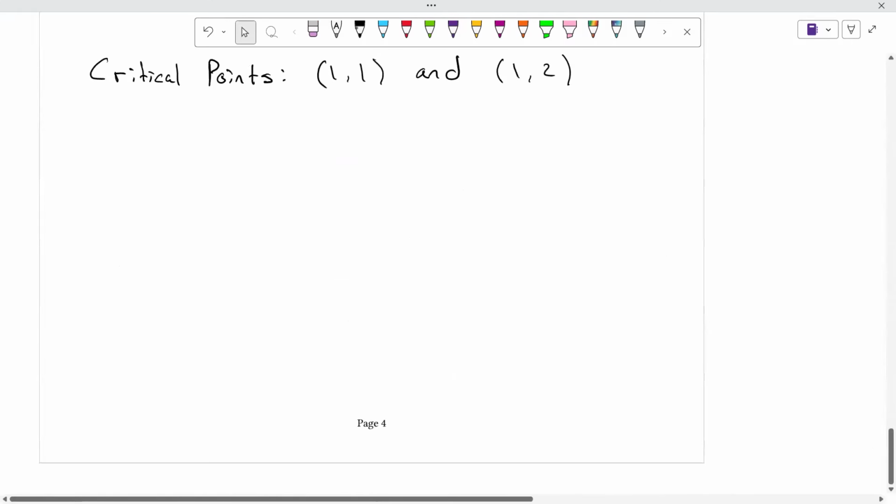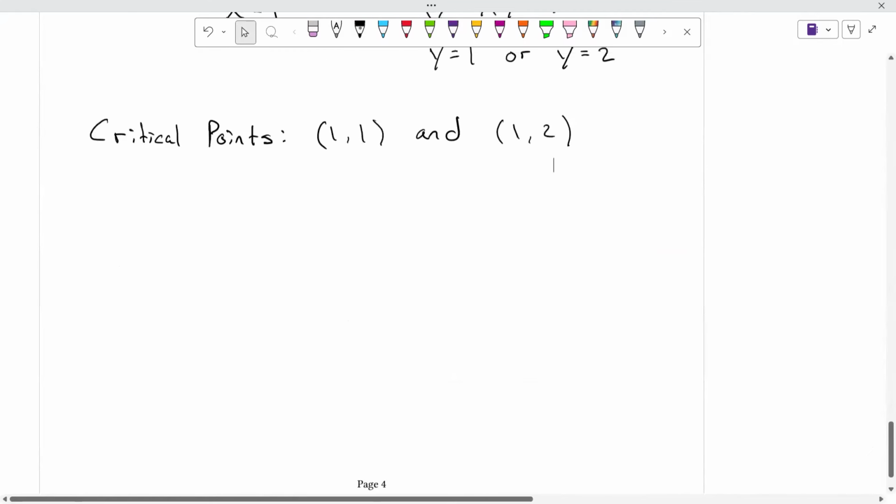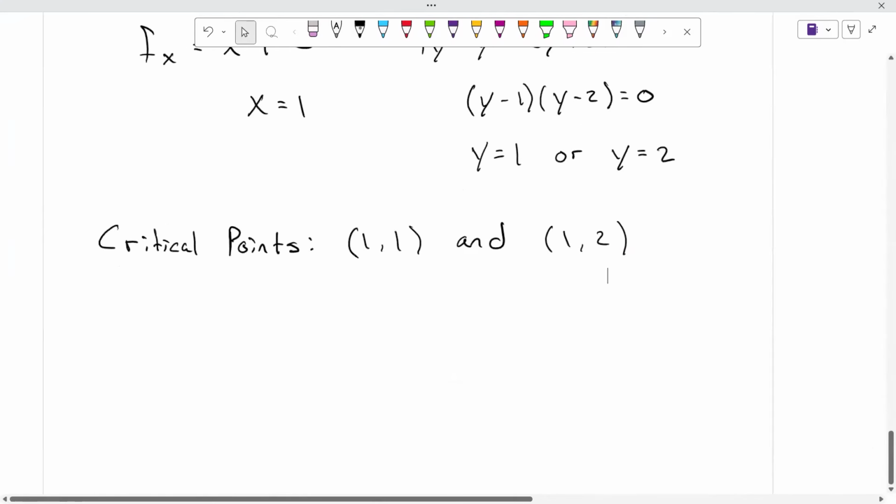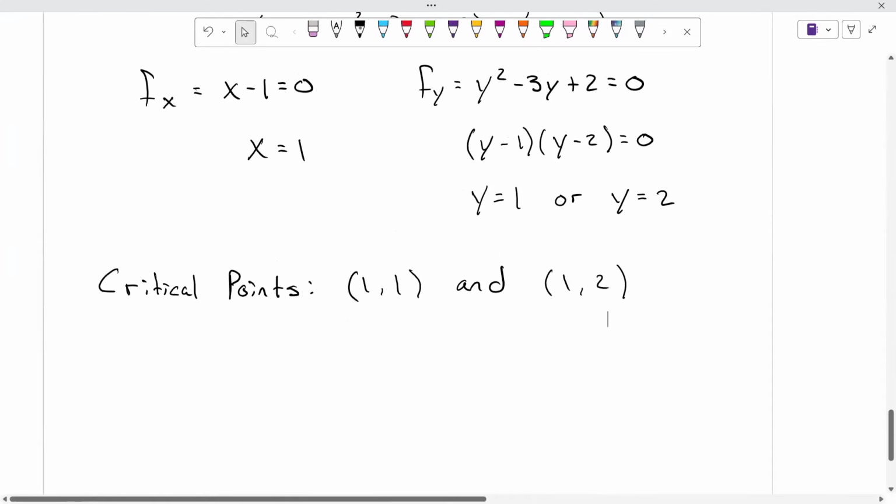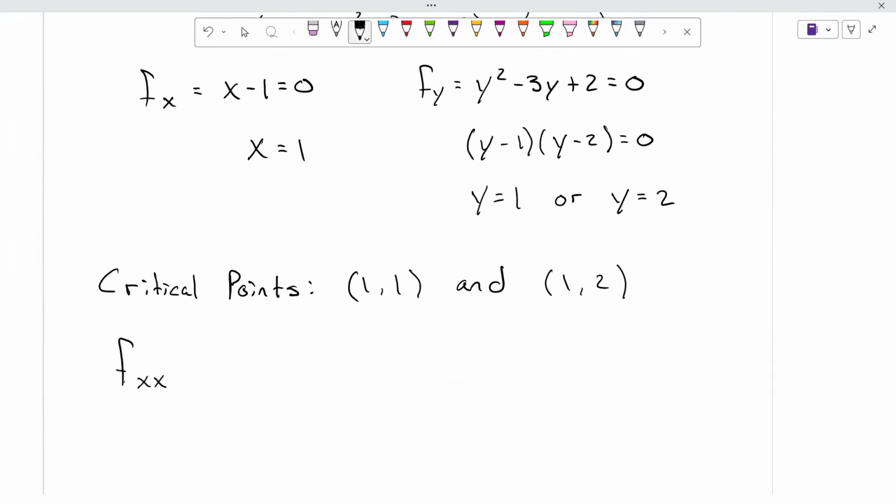So that's our test. So we should just go calculate a couple of things. Let me put that stuff back on screen. I need the straight second order derivatives. Partial x is just 1. Partial y is 2y minus 3.